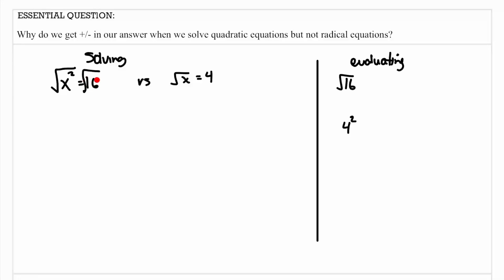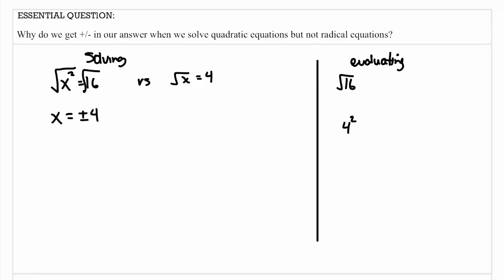So you notice here we've got the square root of 16 just like we had over here on the right side. But we're told that when we take the square root of both sides, we're solving and we're getting positive or negative 4. Now the reason for that is we're not dealing with a radical or a square root here. We're dealing with a quadratic. We'll get back to that in a second.